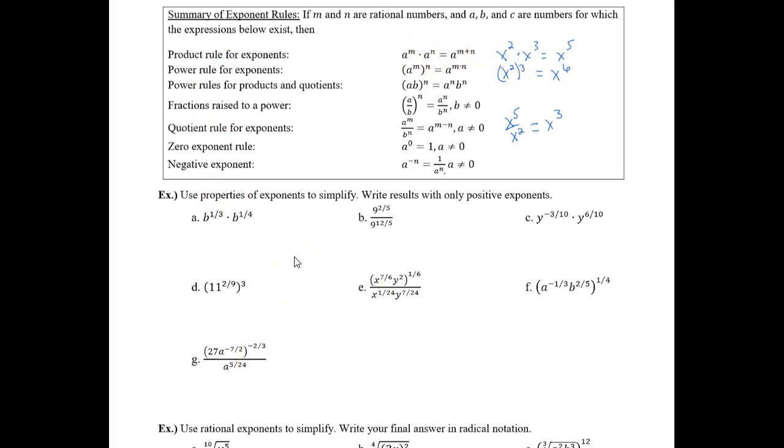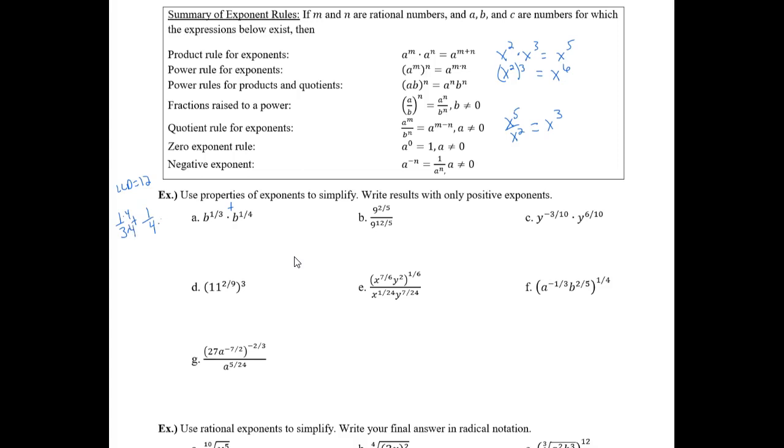So I have to add 1/3 plus 1/4. So I'm just going to do a little side work. But the rule is we're adding these exponents. To add fractions, we have another rule. We have to have a common denominator. So the LCD of 3 and 4 is 12. So I'm going to multiply 3 by 4 to make it 12.